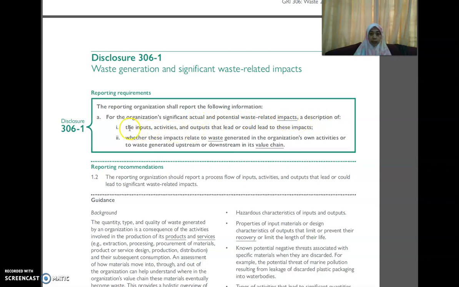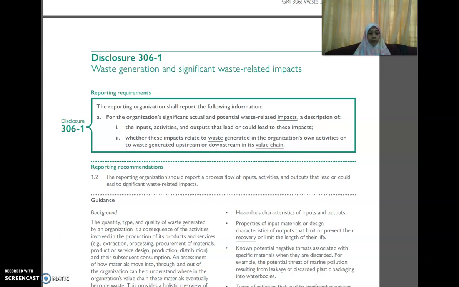They need to provide a description of the inputs, activities, and outputs that lead or could lead to these impacts. And secondly, whether these impacts relate to waste generated in the organization's own activities or to waste generated upstream or downstream in its value chain. So this guideline provides in detail what the company needs to report, for example, with regard to waste.